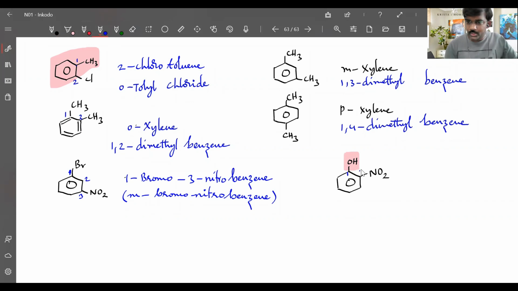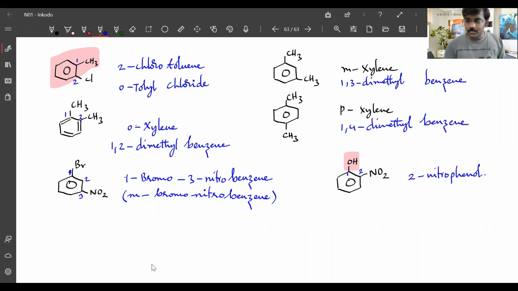So I am getting 2-nitro. 2-nitrophenol you can write. That is the nomenclature for this compound, because the functional group should be given priority and the lowest possible number. That's why the carbon with OH gets the first number. Accordingly, NO2 will be given the numbers there.